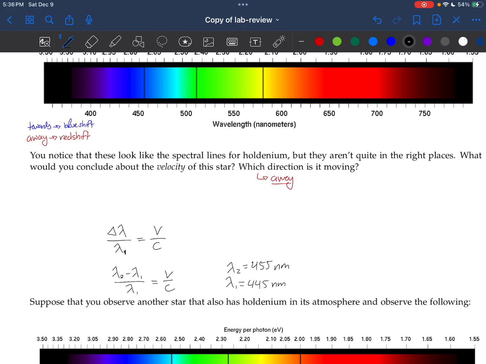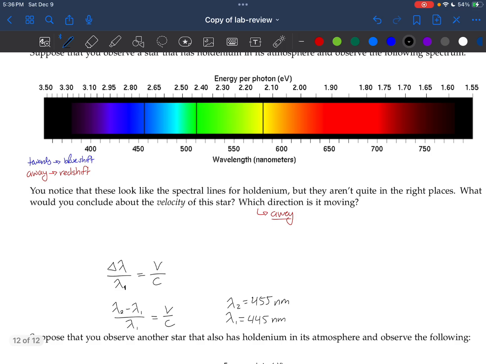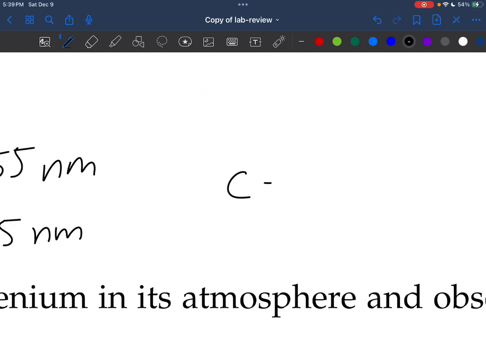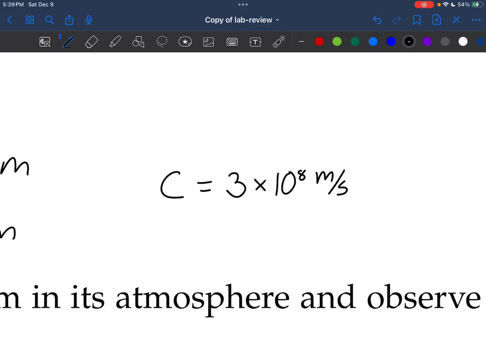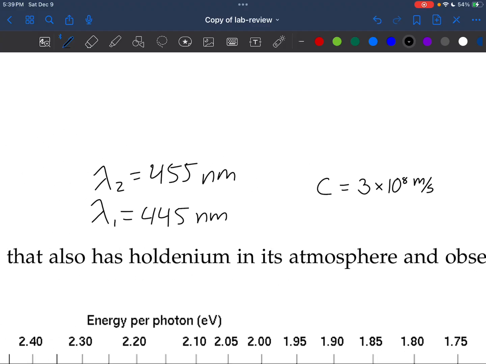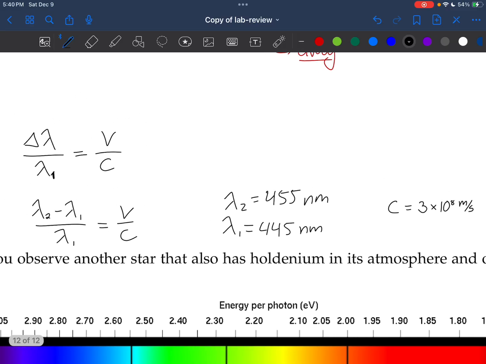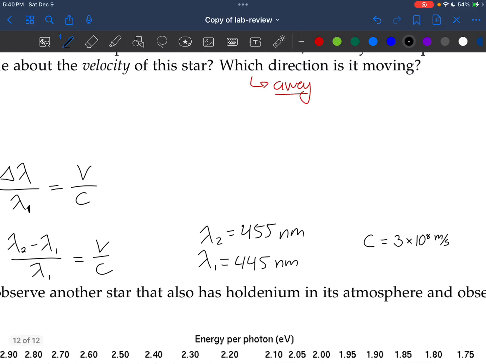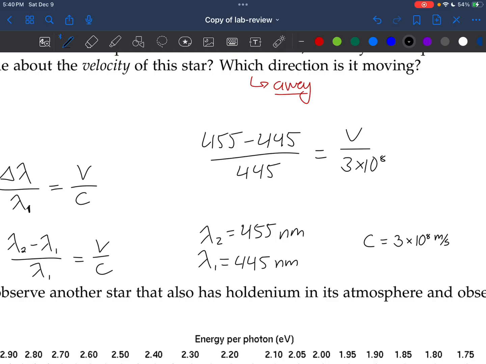Again, I'm just eyeballing it and guesstimating. The speed of light, c, is 3 times 10 to the 8 meters per second. If I plug in all my numbers, it's 455 minus 445 divided by 445 is v divided by 3 times 10 to the 8.